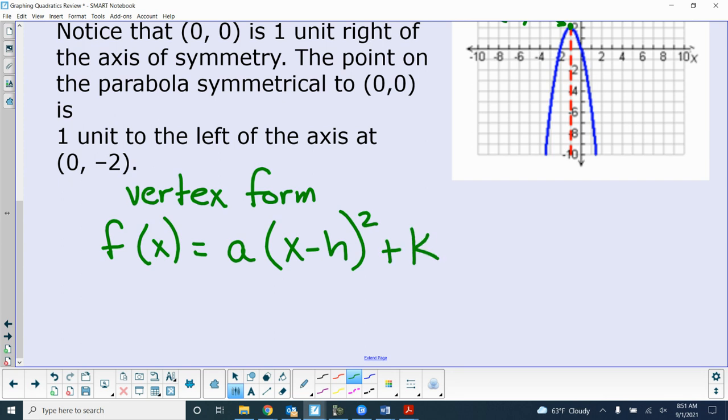You see it in that form. Your vertex is h, k. Those two numbers. And it will be the opposite of this number. So if this is x minus 2 and that's a plus 3, 2, 3 would be the vertex. If it's x plus 2 plus 3, it's negative 2, 3 for the vertex. Okay?